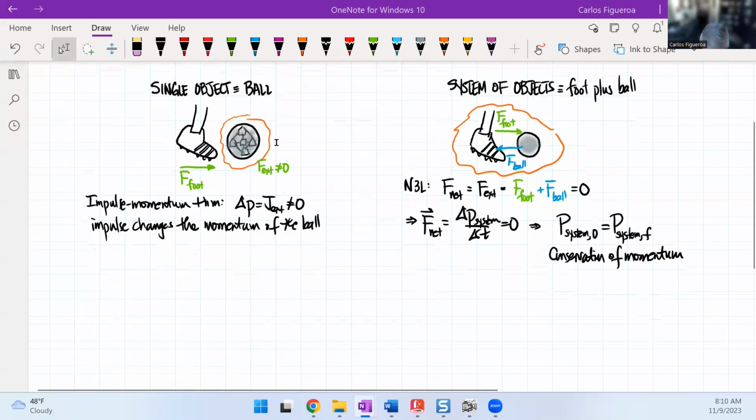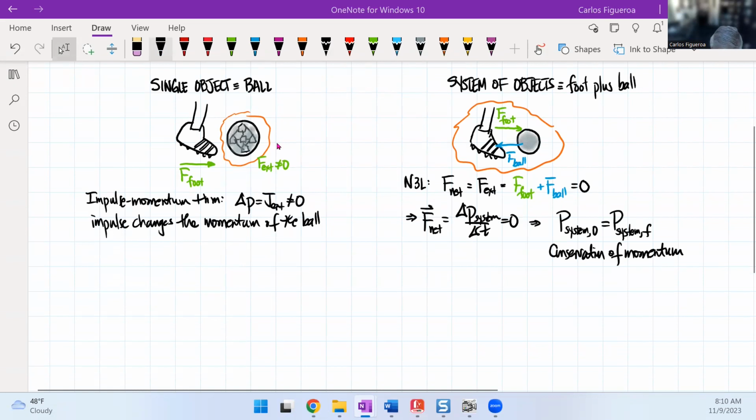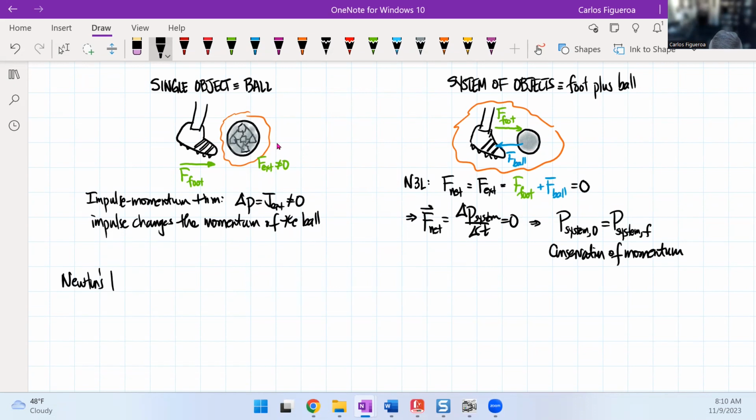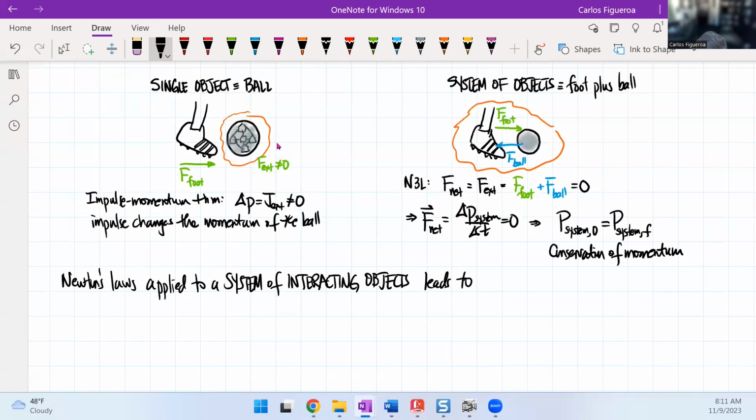So what I want to do here is that Newton's laws applied to a system of interacting objects leads to conservation of momentum. Be careful, conservation of linear momentum.